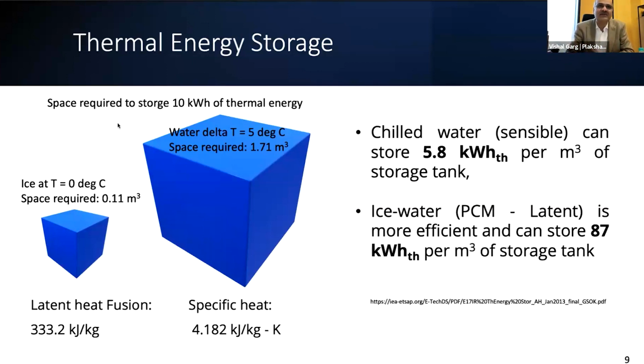Here is an example. If you want to store 10 kilowatt hour of thermal energy, and if we store it in water with a 5-degree temperature difference between charging and discharging, then we would need 1.71 meter cube of space. And the same thing, if we want to put it as ice and we are just looking at the latent heat, then we would need 0.11 meter cube of space, right?